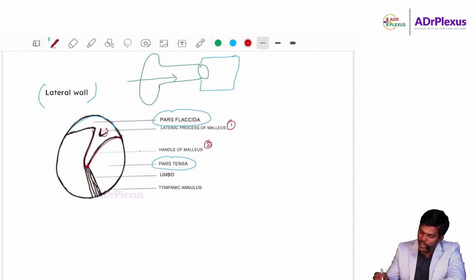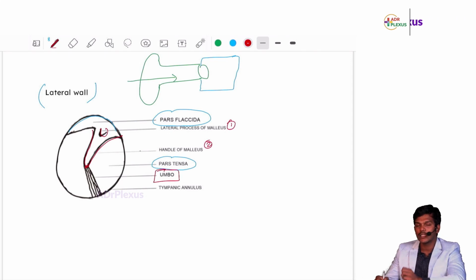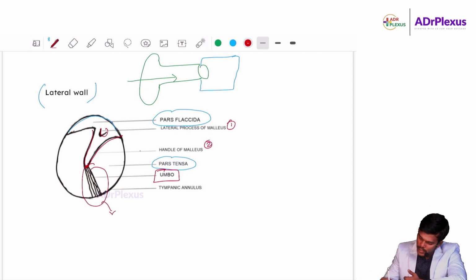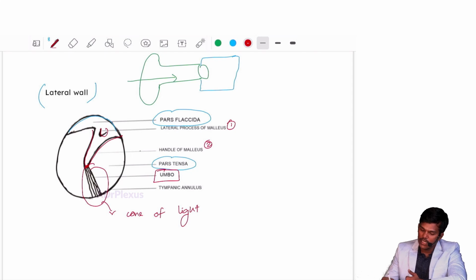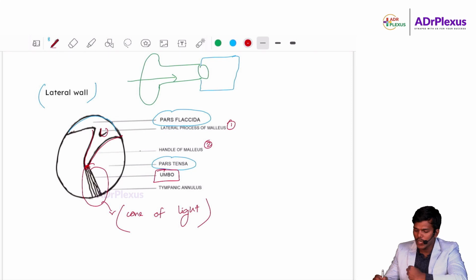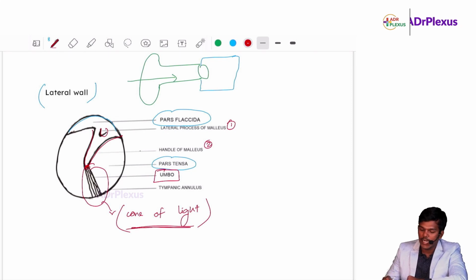The tip of the handle of the malleus forming the projection is called the umbo. It has a slightly projected appearance compared to other areas, hence it gives rise to the cone of light, a mounted appearance of the light.